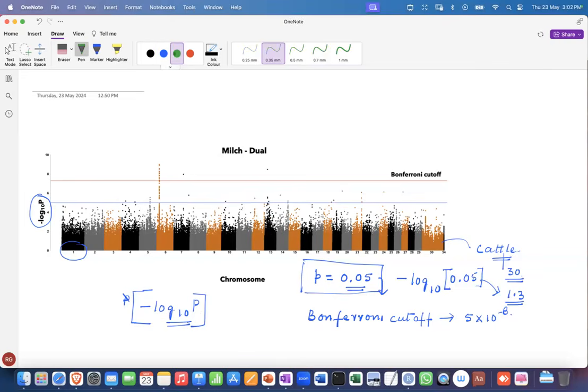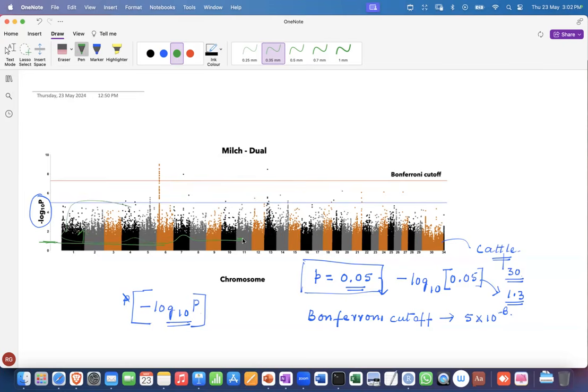If you want to look at this on the graph, it will be somewhere around here. Now, if you consider this as a cutoff, it means all those SNPs that are above this are significant.